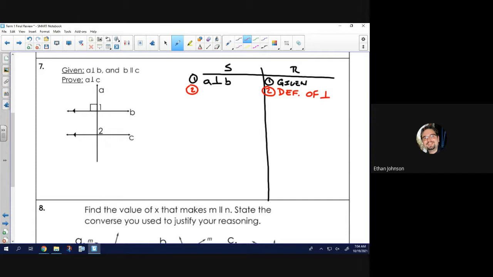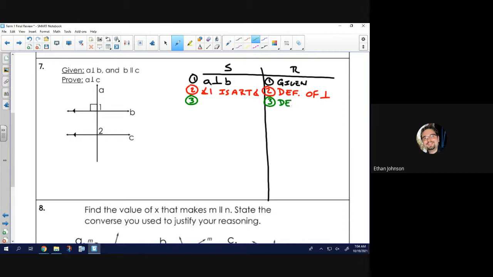Well, then perpendicular, I know, means 2 lines or line segments that make right angles. So I can say angle 1 is a right angle. Well, we still have a vocab word. Now our vocab word is right angle.